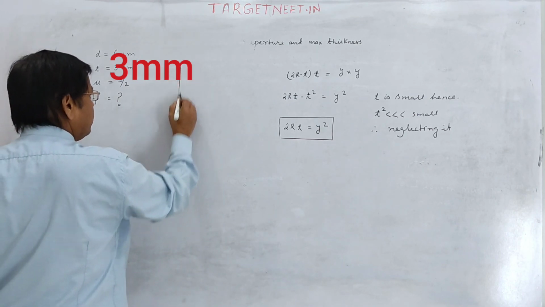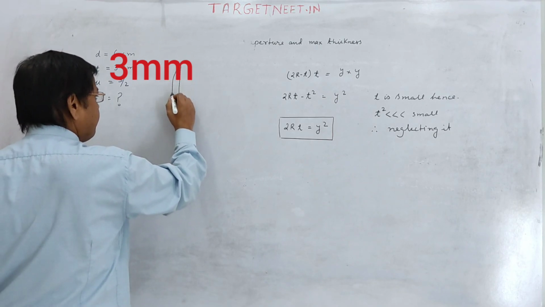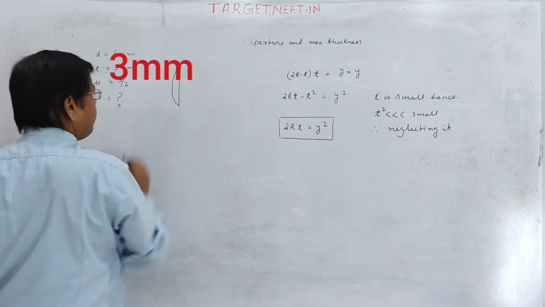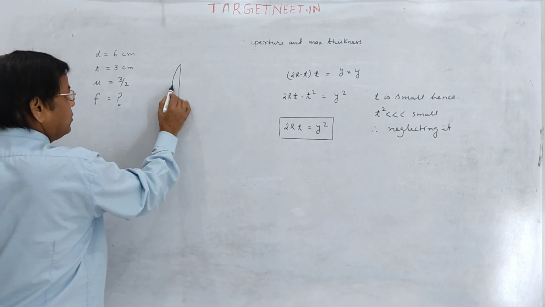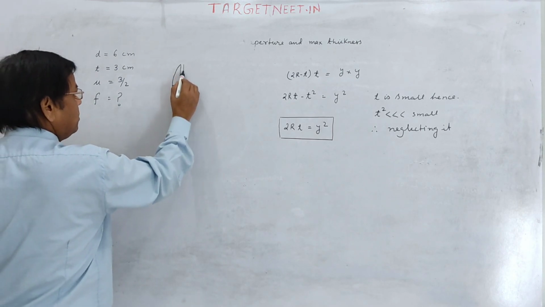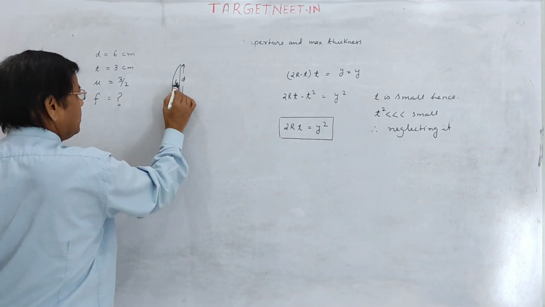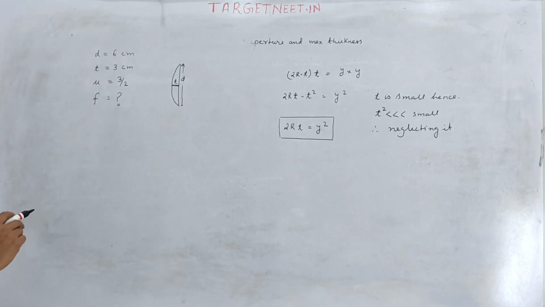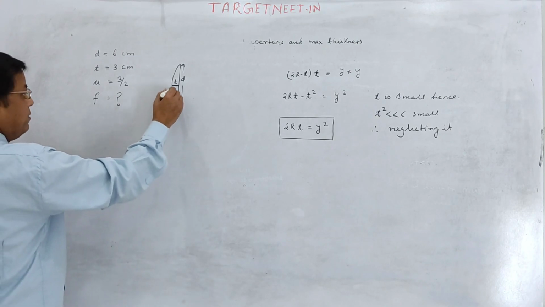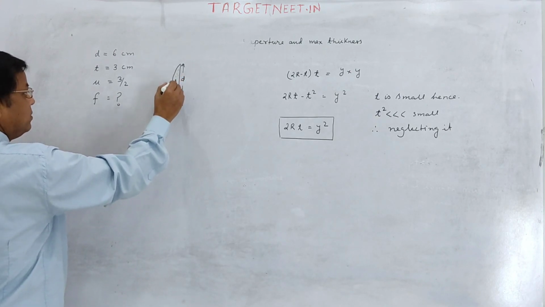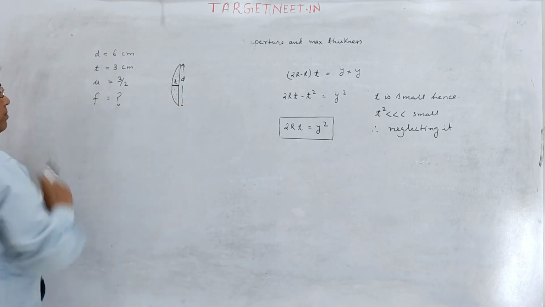This is plano-convex lens. So maximum thickness is this, diameter of aperture is this. These two information are given, and refractive index of material of this plano-convex lens is also given.